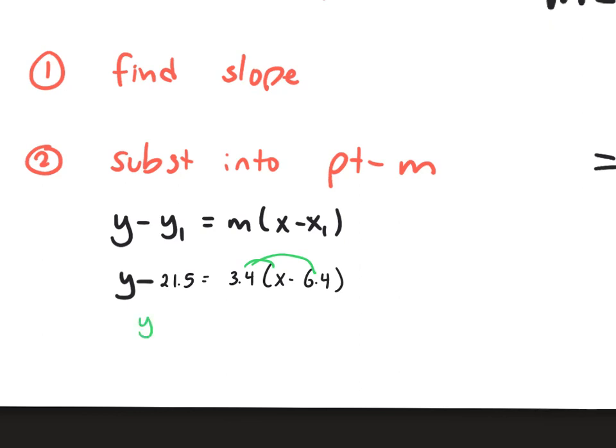So y minus 21.5 is equal to 3.4x minus 21.76, and add 21.5 to both sides. 0.26.